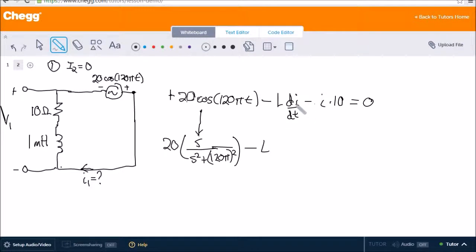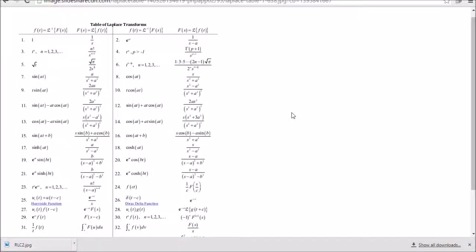And then if you take the Laplace transform of a derivative, let's find that on this table here.